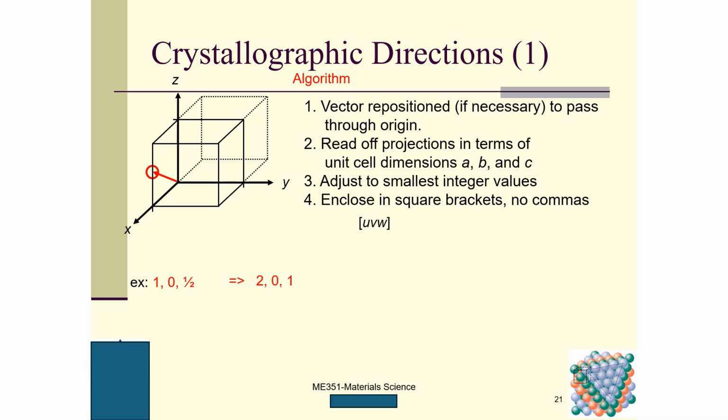We just multiply every number by 2. So this becomes 2, 0, and 1/2 becomes 1. We get 2, 0, 1. Then we put this 201 within brackets without commas: [201].